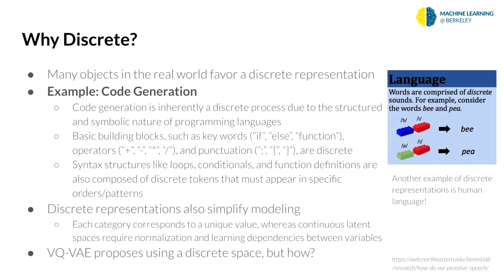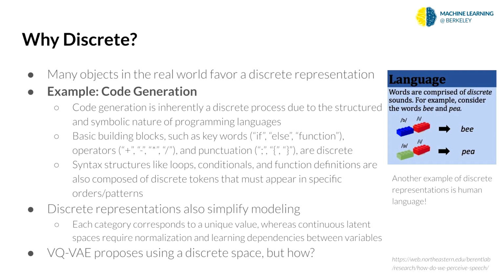There's only so many limited ways that you can represent these. For example, if-else, those words can be discretized into 0, 1, and 2, for example, right? There's not a continuous space. There's not an infinite amount of different keywords that exist within a language like Python. Secondly, we can even encapsulate syntax structures such as for loops, conditionals, and other function definitions to also be discretized.